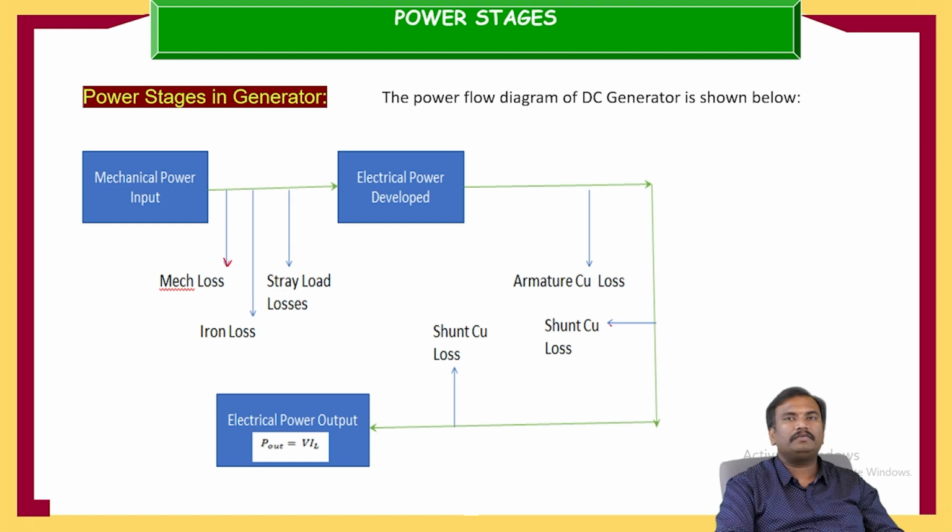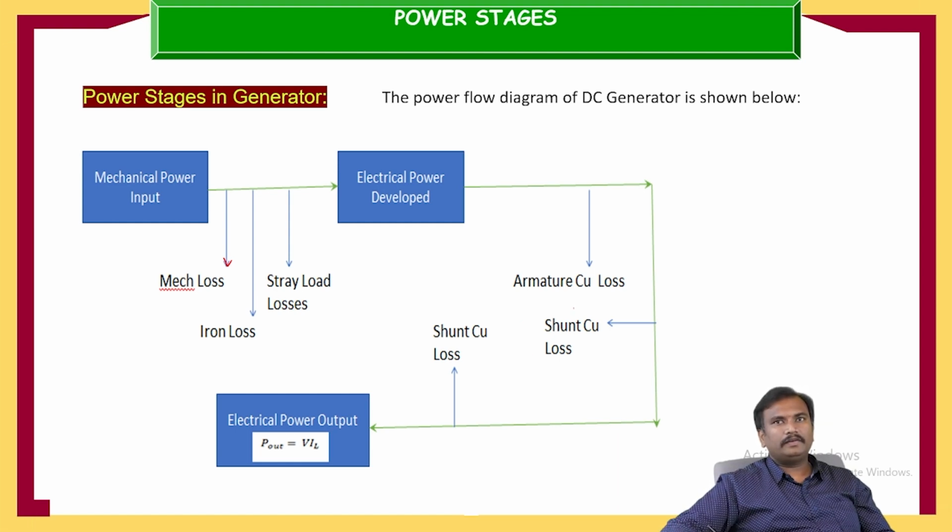Because of that, we get the shunt copper losses. After deducting this shunt copper loss, we get the electrical power output. Whatever losses occur after developing the electrical power are the variable losses. These are the constant losses, and these are the variable losses.